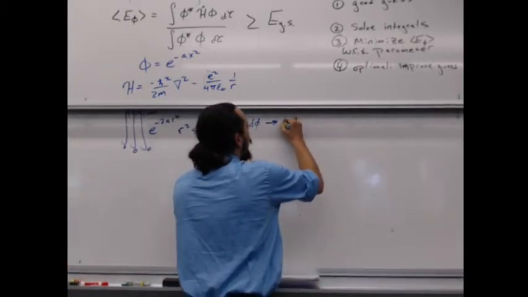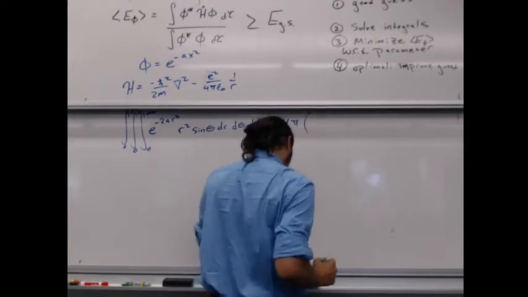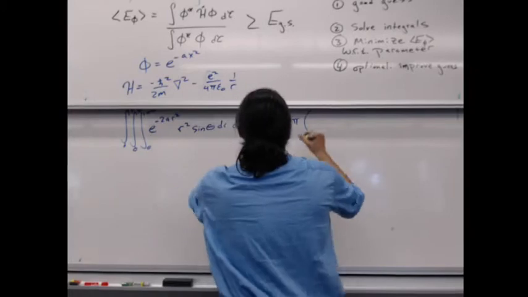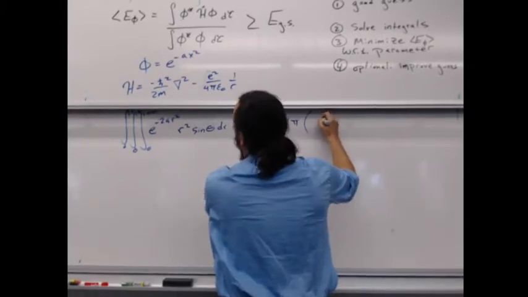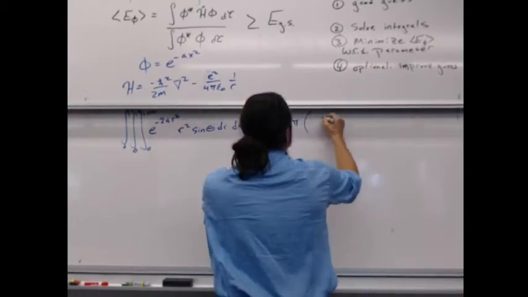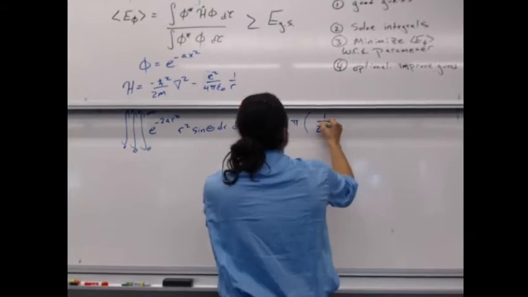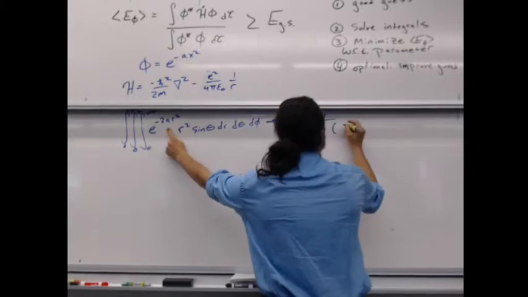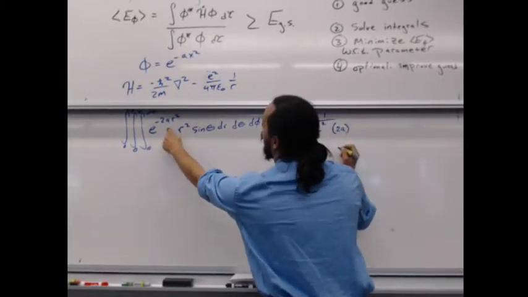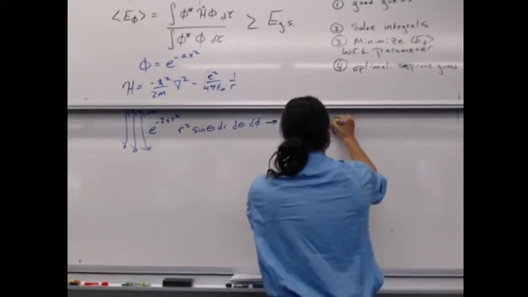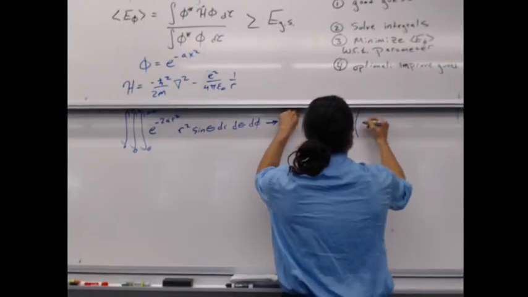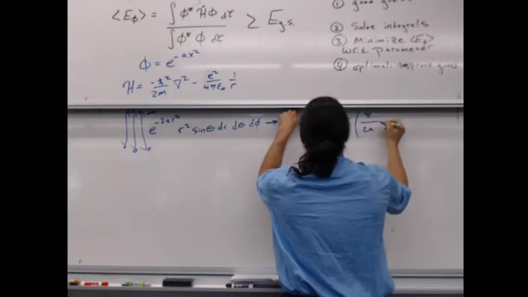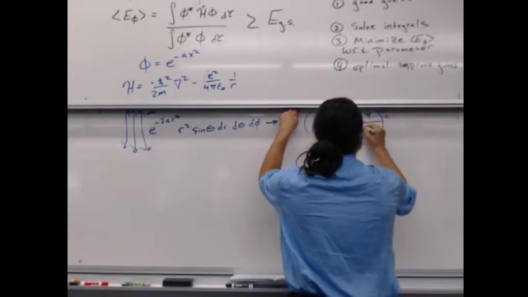We got 4 pi times, I'm going to plug everything into what's up there. This would be for n is equal to 1 in this case, so I'd have 1 over 2 squared, and then 2a to the 1, pi over 2a to the 1/2.